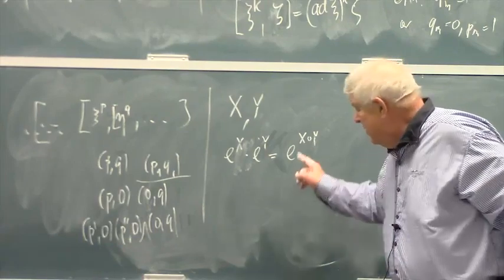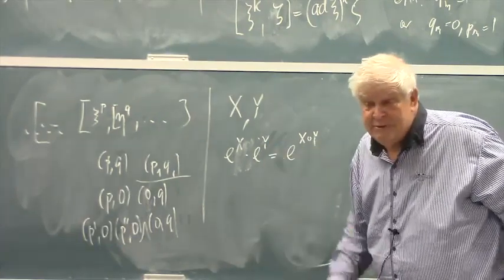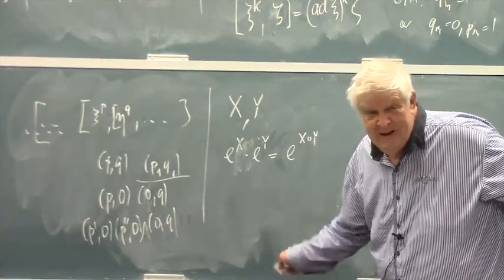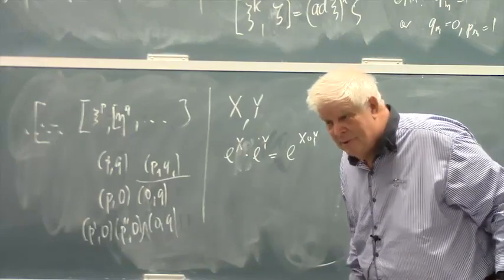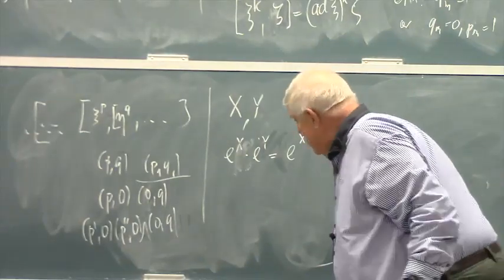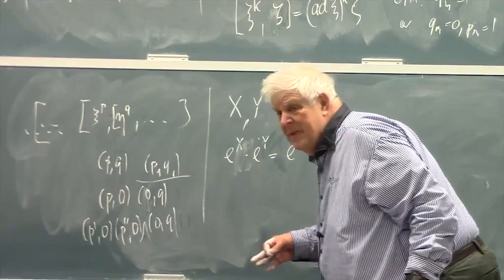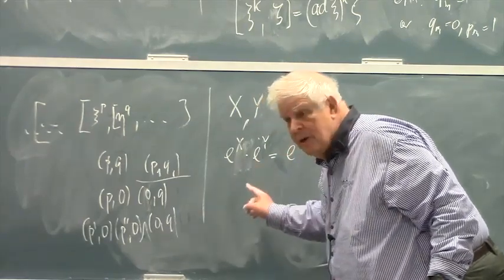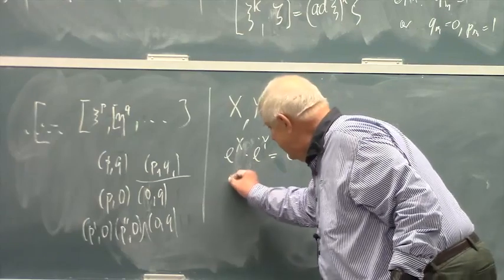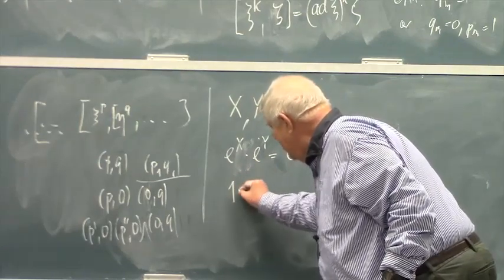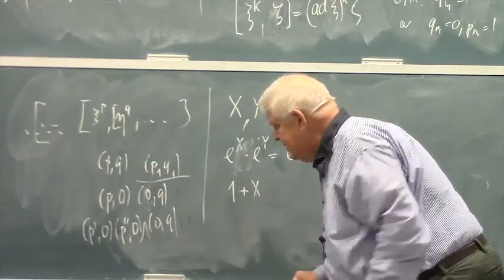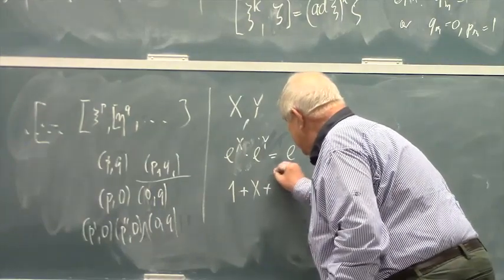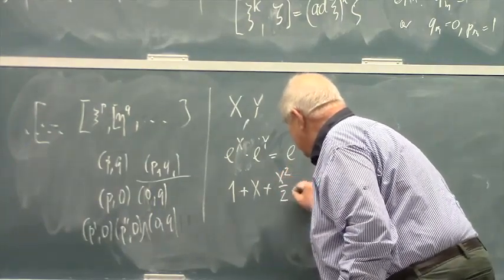Now, if you have some expression for this, you simply can compare the series and it will be all okay. This is the way how actually the whole formula can be proved. Let us try to do the very beginning. You remember, x and y are non-commutative variables. Suppose that we write this is 1 plus x plus x squared over 2, and so on.